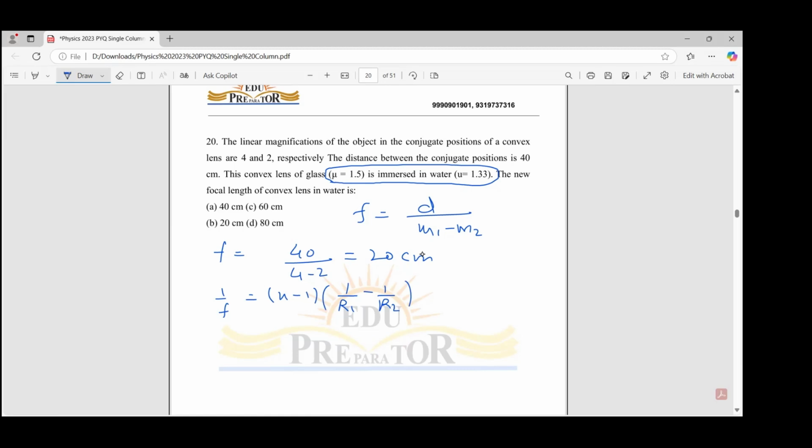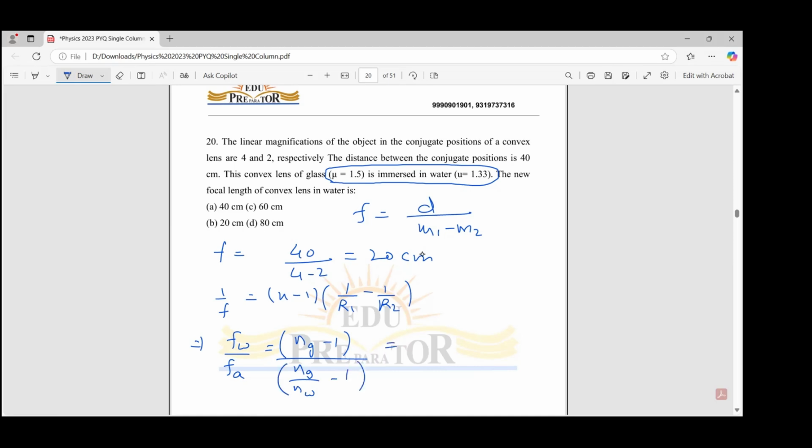So we believe the lens is equiconvex lens, which is having the same radius of curvature. So as it is having same radius of curvature, we can directly apply the concept of the focal length in water, focal length in air, which will be equal to refractive index of glass minus 1 divided by refractive index of glass, refractive index of water minus 1.